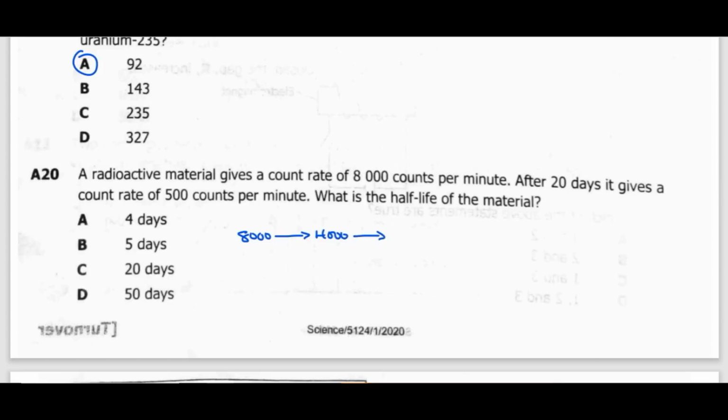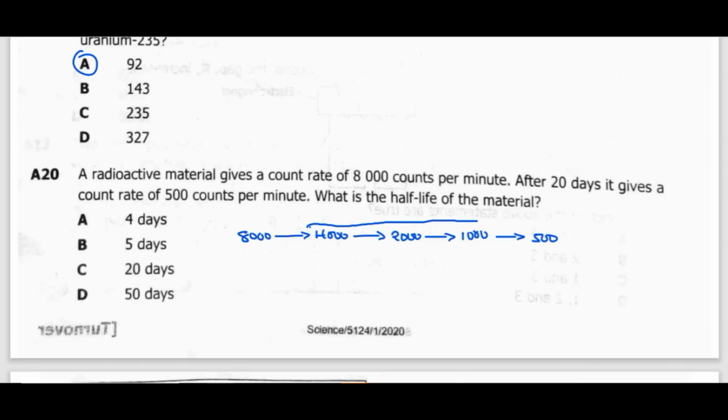The half of 4,000 is 2,000, and the half of 2,000 is 1,000. The half of 1,000 is 500. So when you look at here, this is the period where it took how many days?